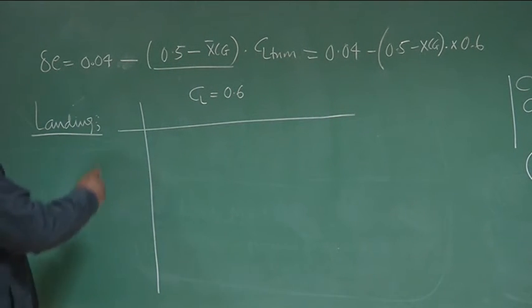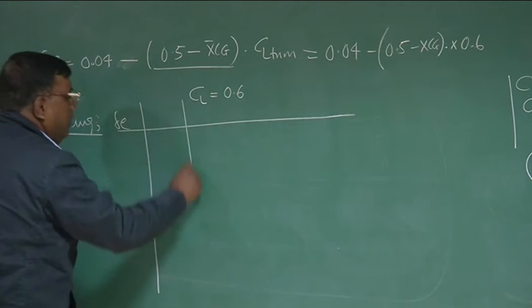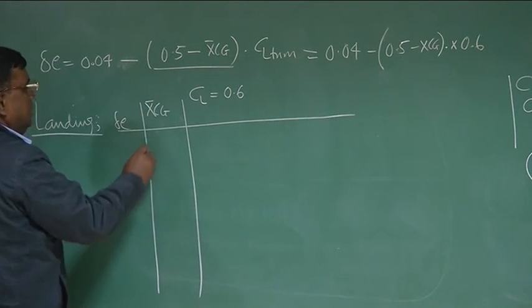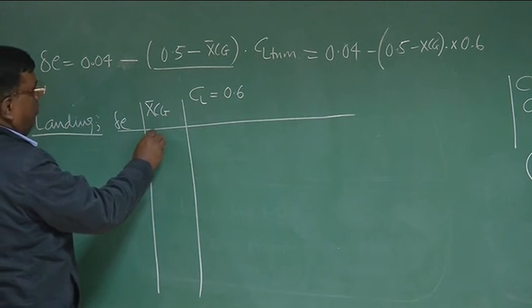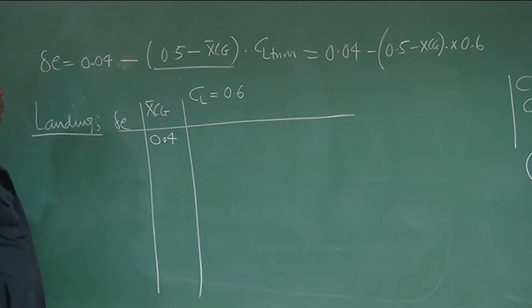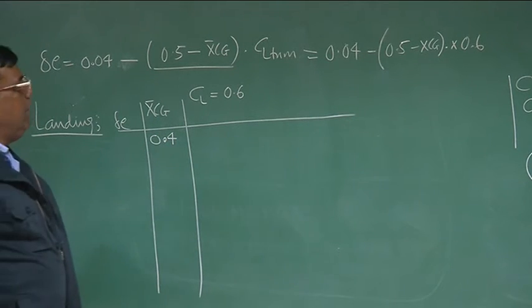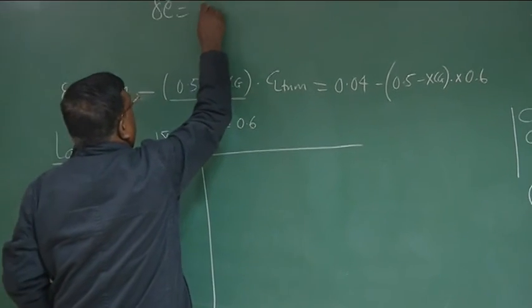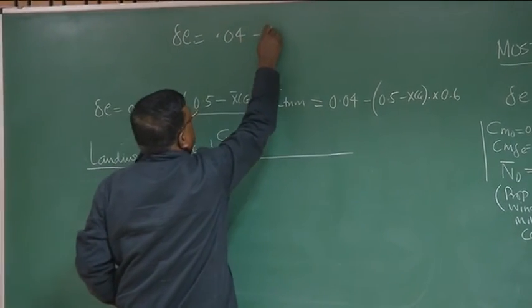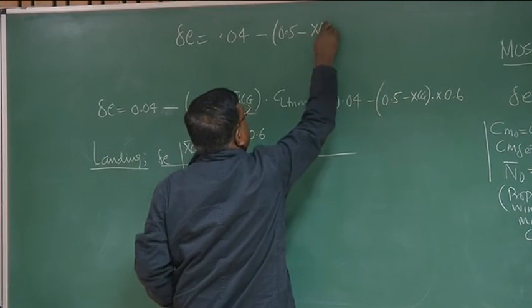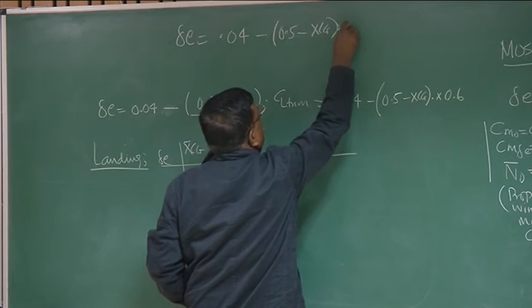Let us take a case of delta E for different xCg. Let's say xCg bar is 0.4. What is the delta E required? Now you know that delta E required is 0.04 minus (0.5 minus xCg) into 0.6.